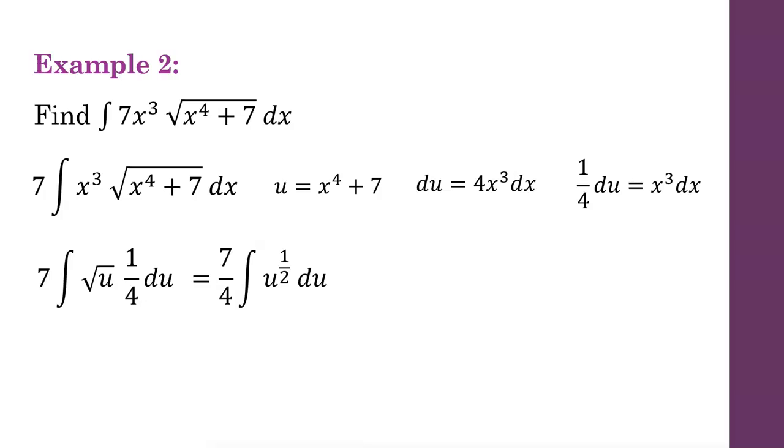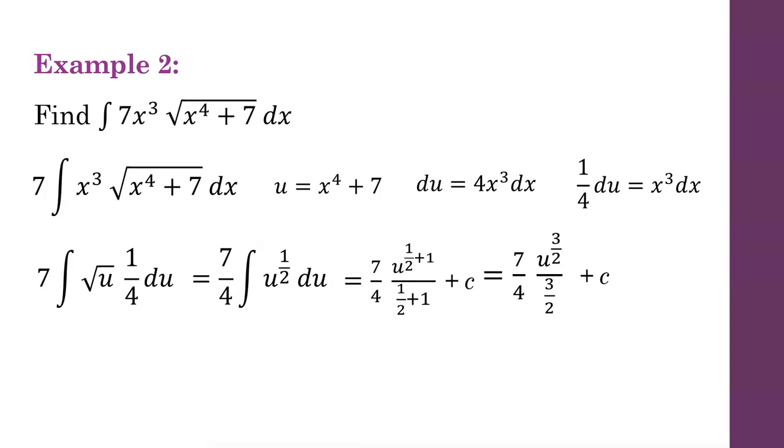We get 7/4 outside of the integral, and rewriting square root of u as u to the 1/2, so we can apply the power rule for integrals, which means I'm going to add 1 to the power and divide by the result. So I still have the 7/4. I get u to the 1/2 plus 1 divided by 1/2 plus 1, plus the constant of integration, c.